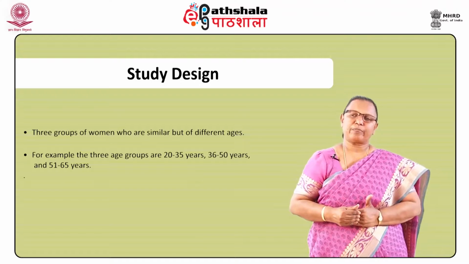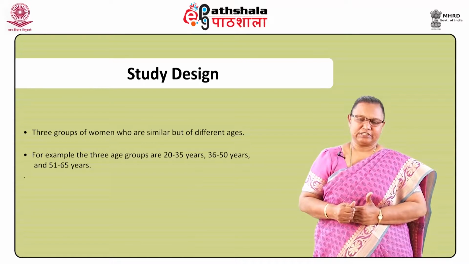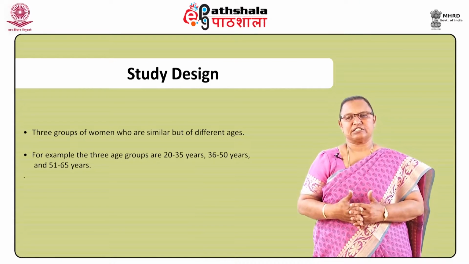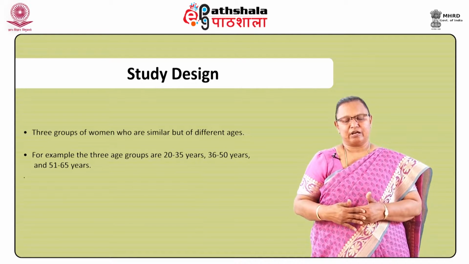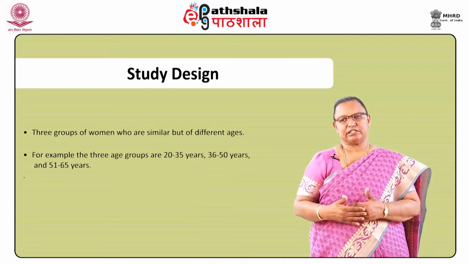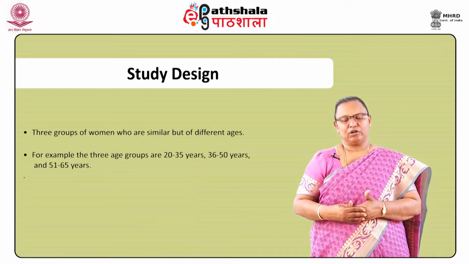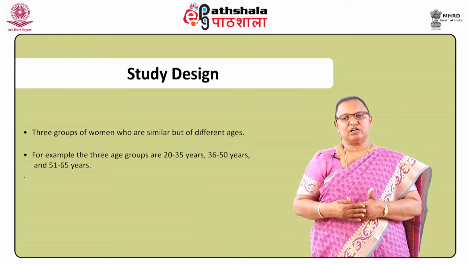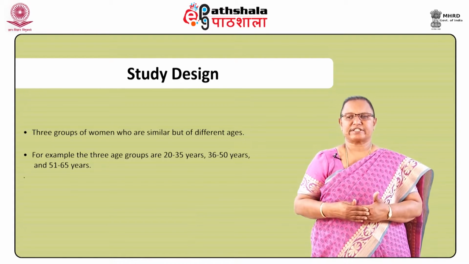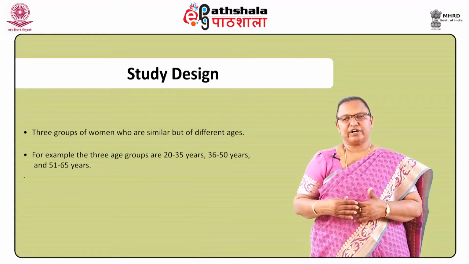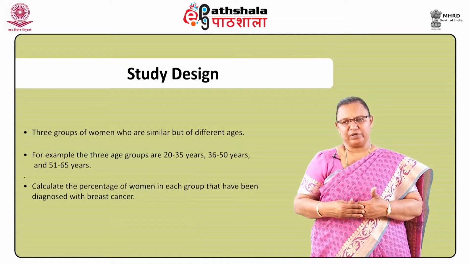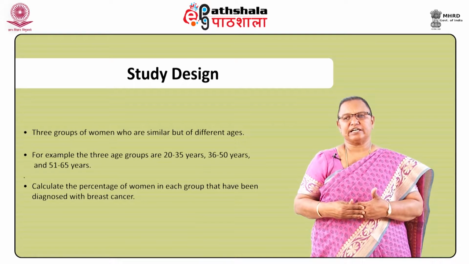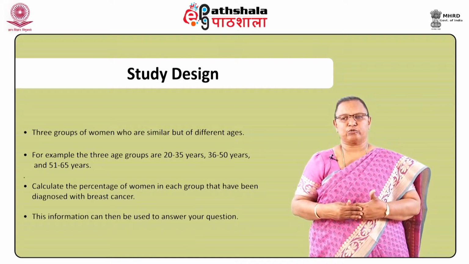And what is the variable? You want to know whether they have breast cancer. So in your study, you would collect data on whether women have breast cancer or not. Finally, you can calculate the percentage of women with breast cancer in each age group. This will enable you to answer your question.